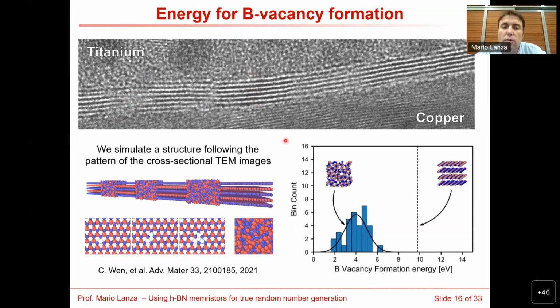But if you calculate the same energy to form boron vacancies in this other part of the material, which is simulated like this, the energy is much lower. And therefore, this means that it is going to be much easier to trigger ionic motion in this part, while this other is much more stable.